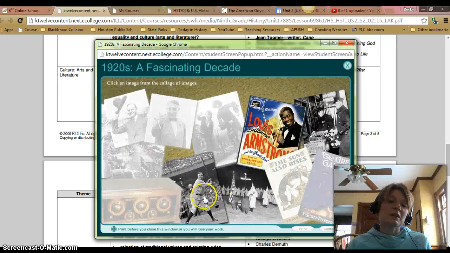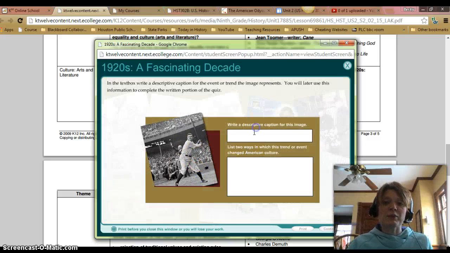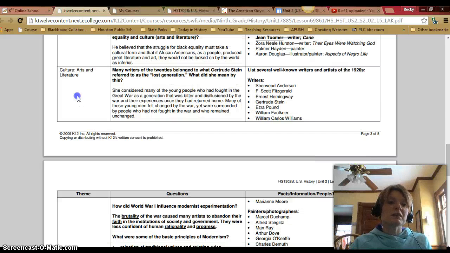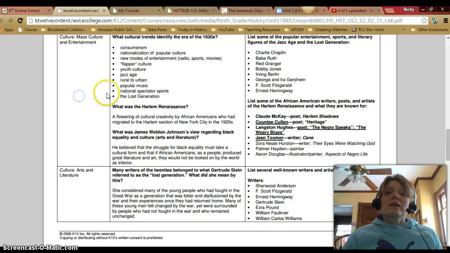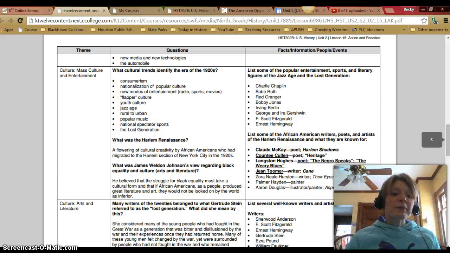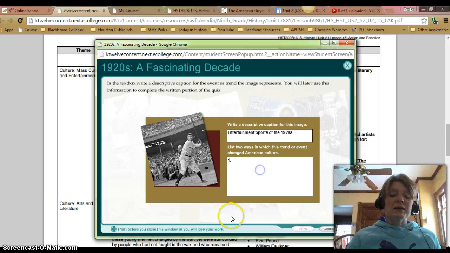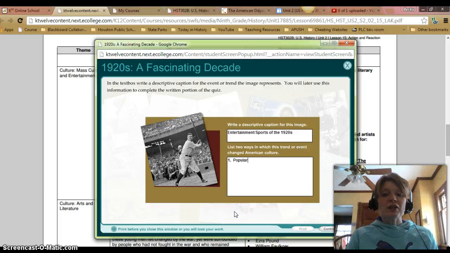Continue. Let's put in the old Babe Ruth there. Entertainment/sports of the 1920s. How this changed a culture or a trend in America. We have popular sports figures also started advertising products.